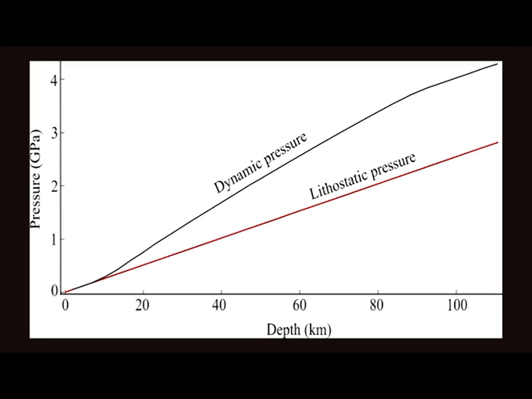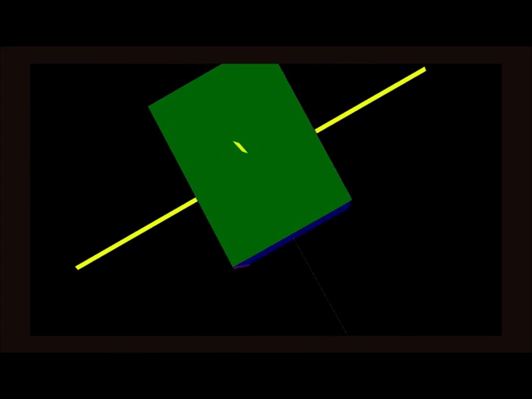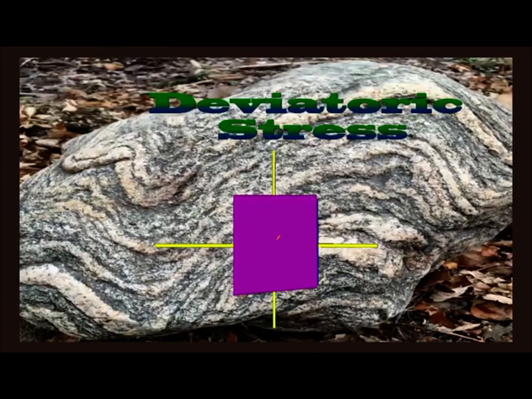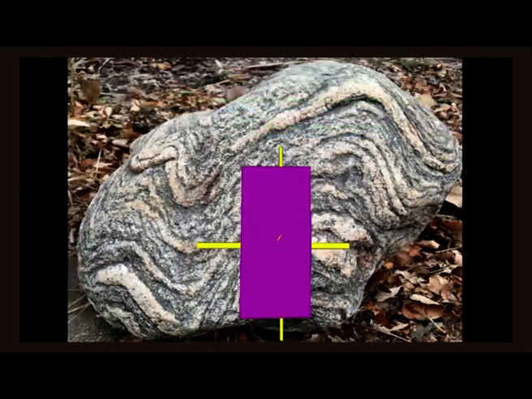Pressure is defined as the force acting equally from all directions. It is a type of stress called hydrostatic stress or uniform stress. If the stress is not equal from all directions, then the stress is called deviatoric stress or differential stress.